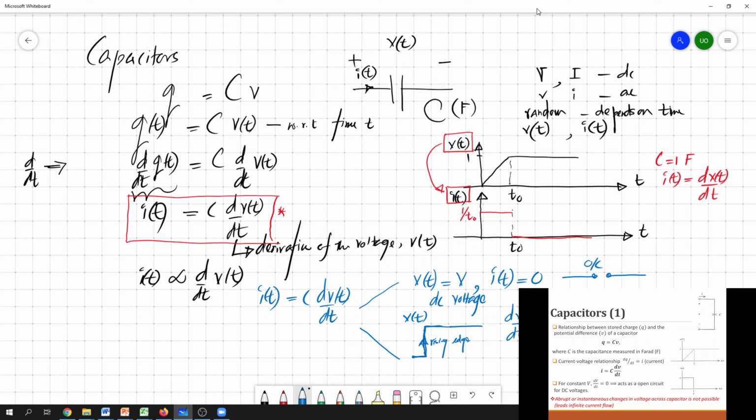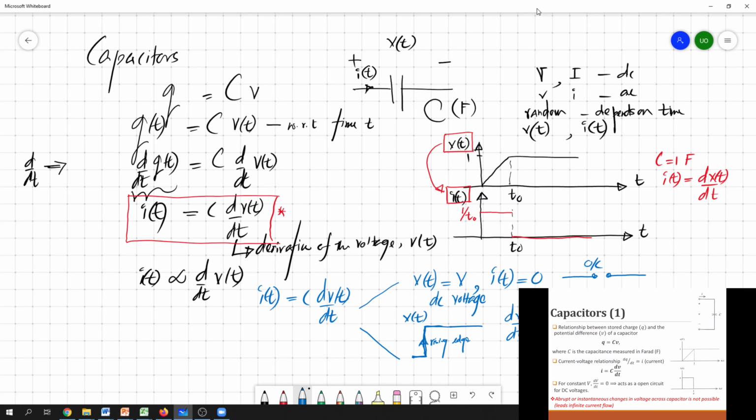Then the induced current would be mathematically infinite, because the derivative becomes infinite, and C times the derivative, or C times infinity, again gives infinity. So once you have this kind of variation in your voltage, your current ideally increases to infinity.